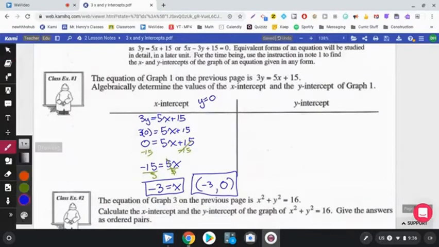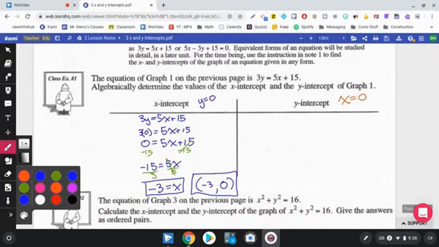Okay. The y-intercept happens when x is equal to 0. I know that. For the y-intercept, I haven't moved left or right. My x value is 0. So again, I'll write it down just to write it down. But now I'm going to plug in x is 0. 3y equals 5 times 0 plus 15.